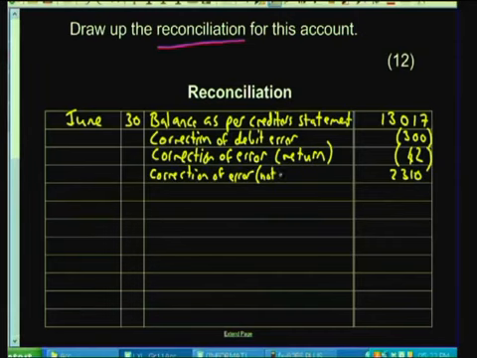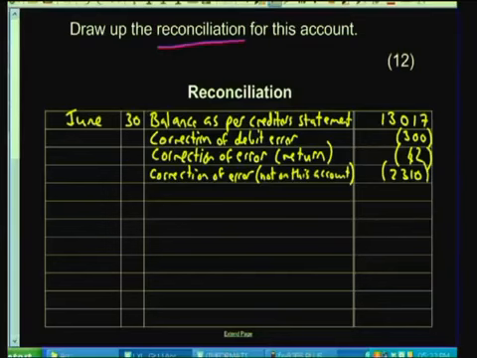I'm just going to write here, not on this account, because we need to show Rhonda's Roses that the error was made on a different account. They've put an amount that belongs in a different account in our account. That error is for 2,310 Rand. They've overcharged us, so it's obvious that we need to put this number in brackets because they have to reduce our account by 2,310 Rand.